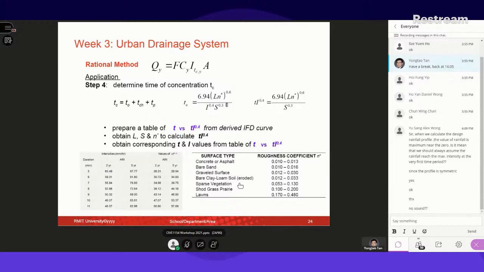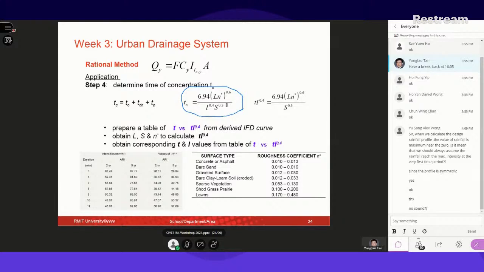For the overland flow across an even surface to the road channels, such as parks, gardens, roads, we can use this formula to get the overland time of concentration. And for the time of flow in the channel or the gutter, we use the Manning's equation.